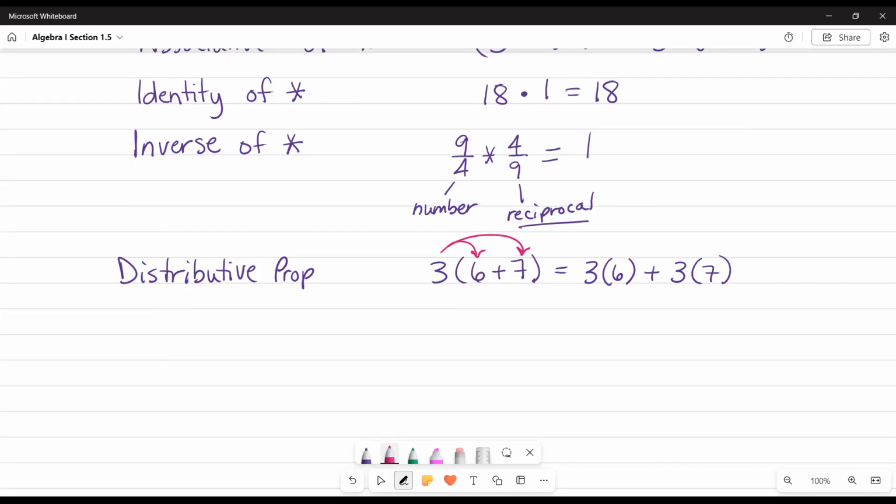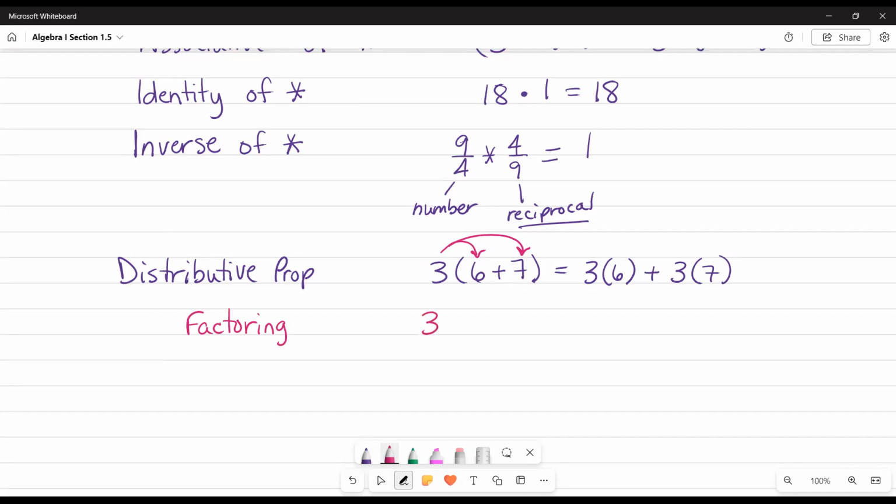And then we have its inverse. So the inverse of the distributive property is called factoring. This is not in your book, so make sure you have it in your notes. So factoring would tell us that, I'm going to do this with a variable.